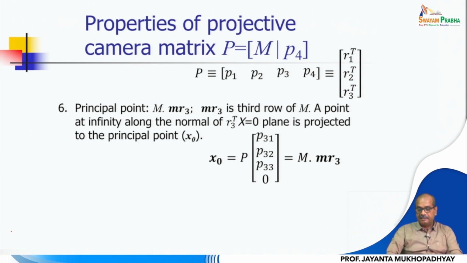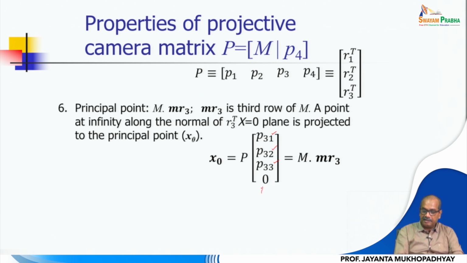Just to summarize how the principal point is computed: we take the third row, and in this case I am expressing the elements of the projection matrix, since it is the third row, as P31, P32, P33, using the row-column index convention.